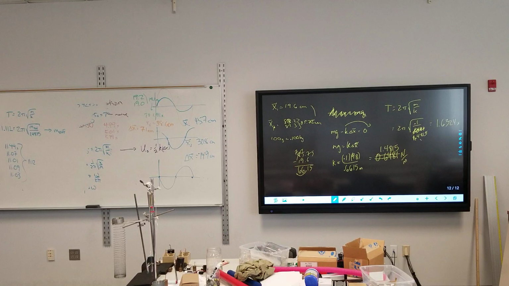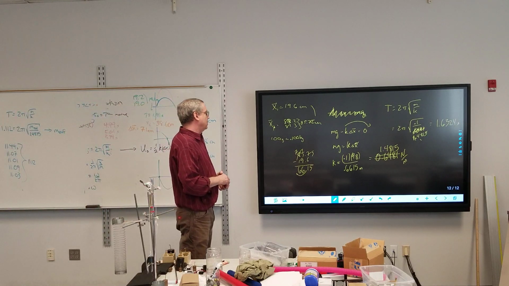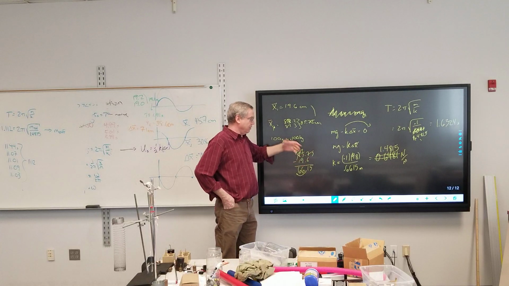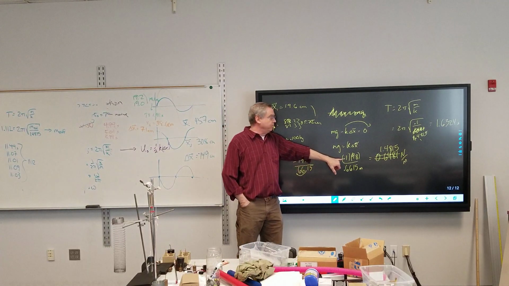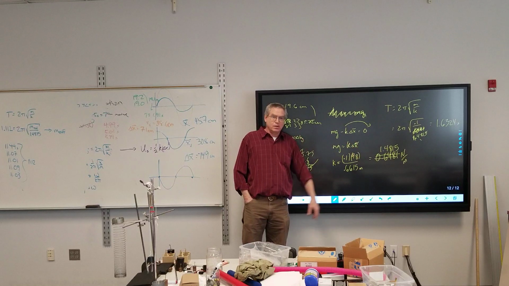But we use the mass to find it though. Right, we used that mass, but in theory, if we had used 200 grams, it would have stretched twice as far and the ratio would have been the same.